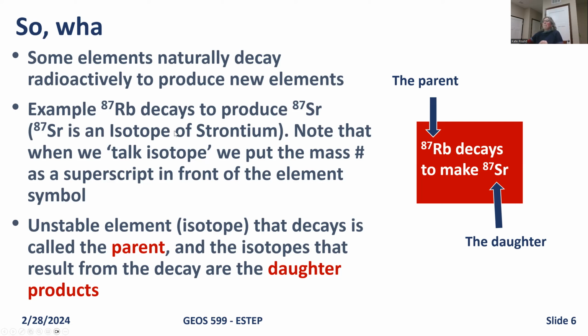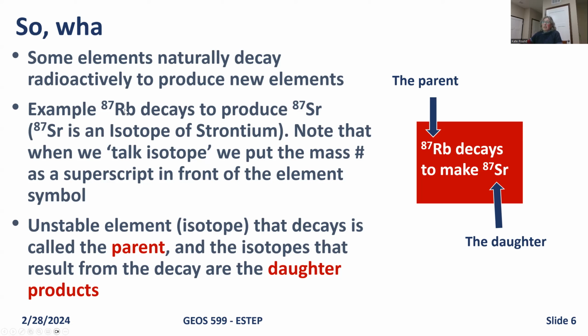Now, when we talk isotope, if you want to put it like that, we put the mass number as a superscript in front of the symbol for that element. So we call this rubidium 87.